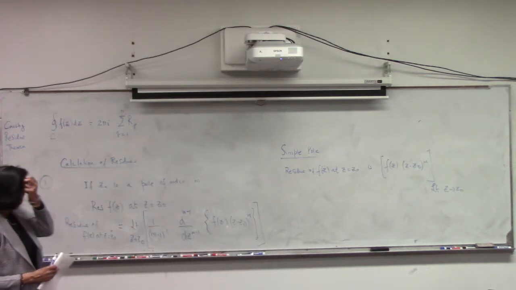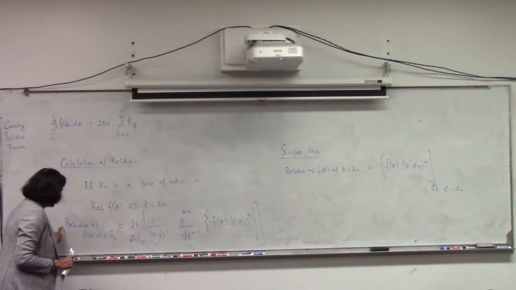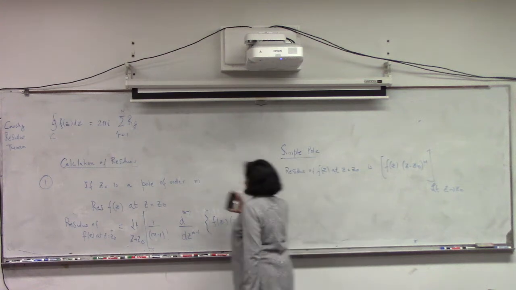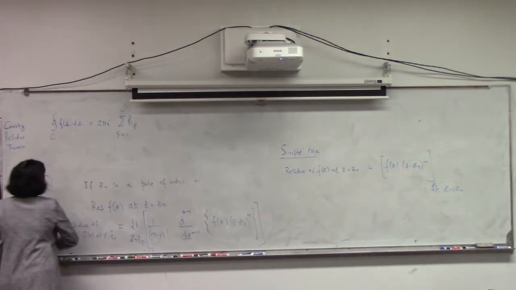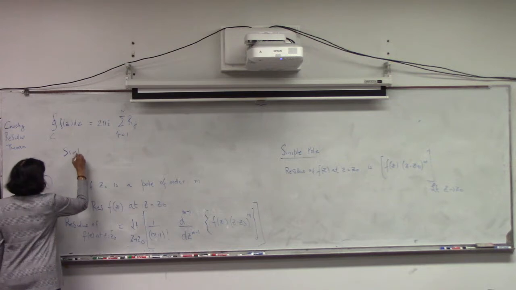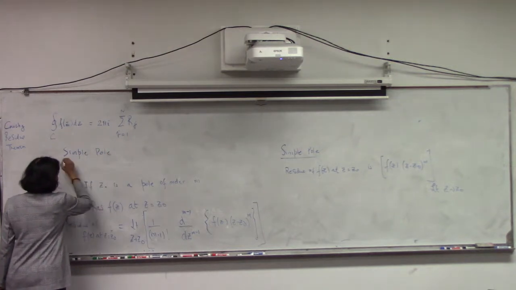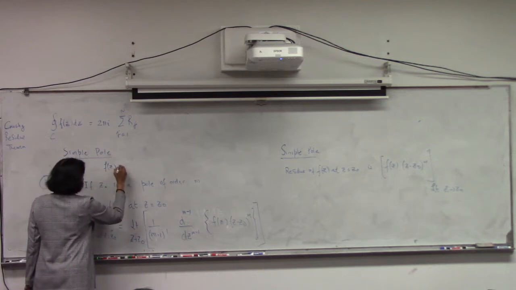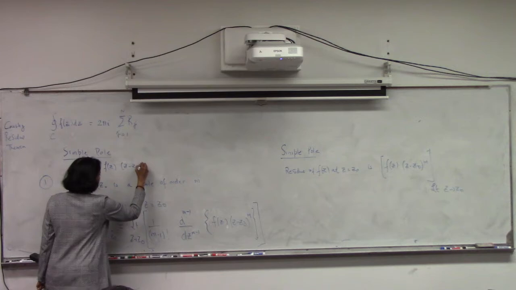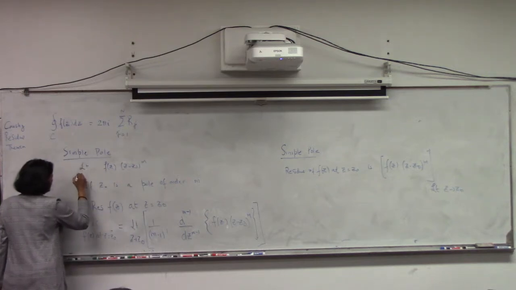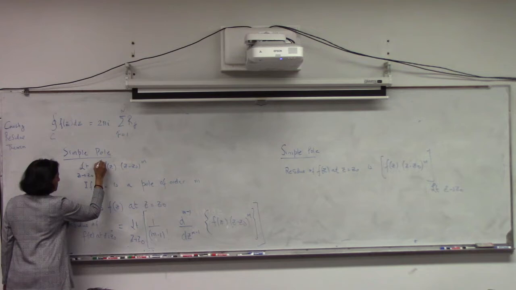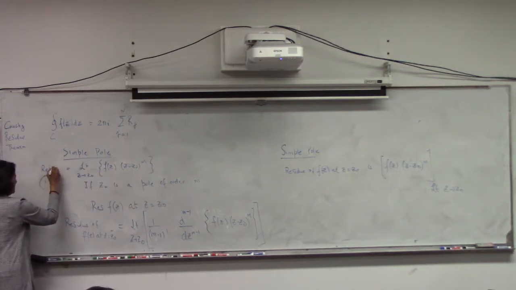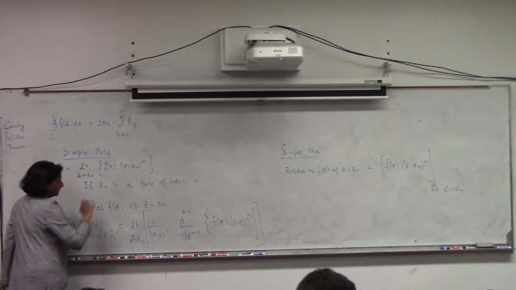So that's the formula. Let me write it down here and then try to see where this comes from. For a simple pole, the residue is given as the limit, z tending to z naught, of f of z times z minus z naught.